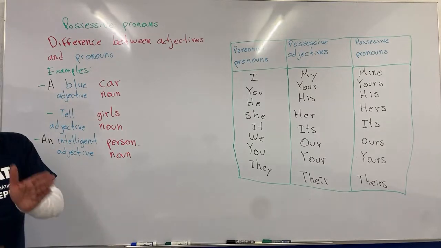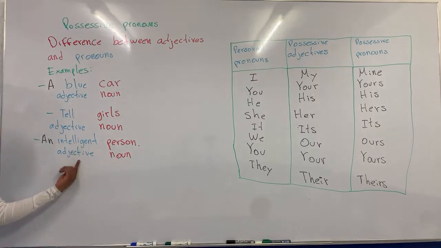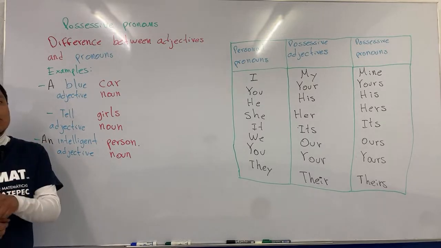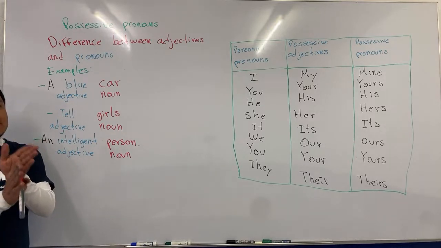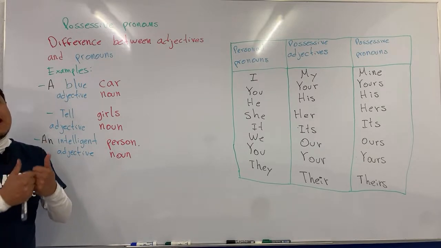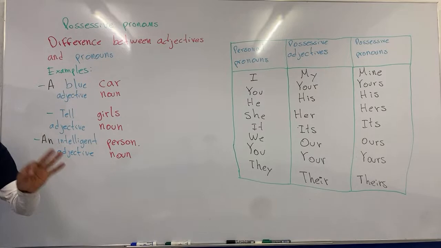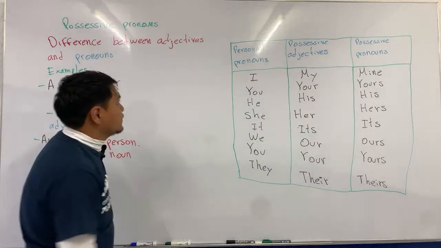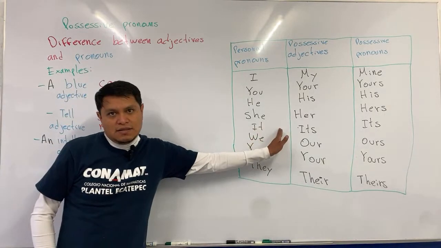And adjectives always go before the noun, because if we use the adjectives only, we will do two. That is why an adjective always goes before a noun.